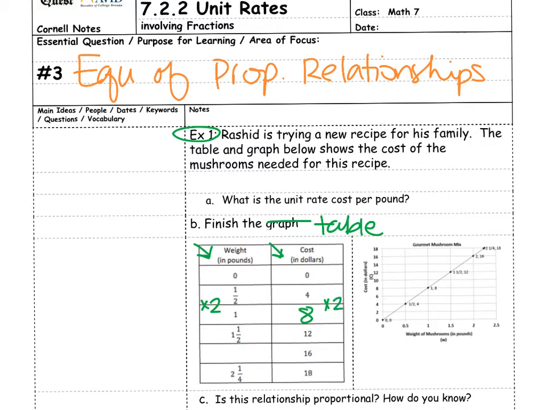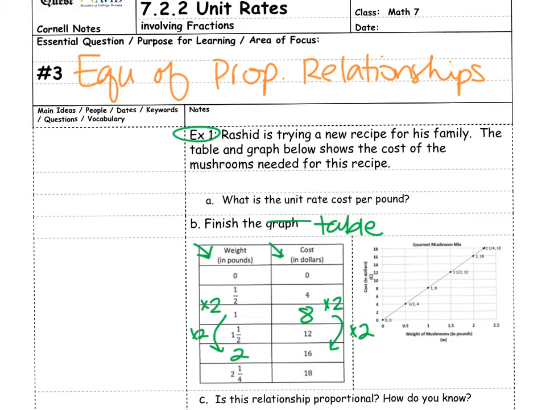And then if 1 pound is $8, 8 times 2 is 16, so 1 times 2 is 2 pounds. So by watching for that pattern, we're easily able to fill in our table.